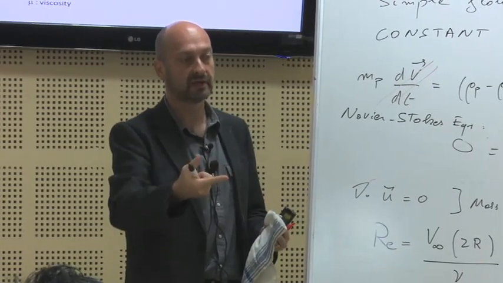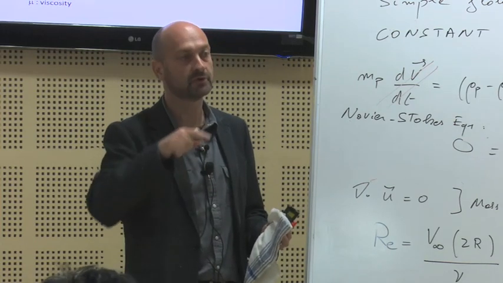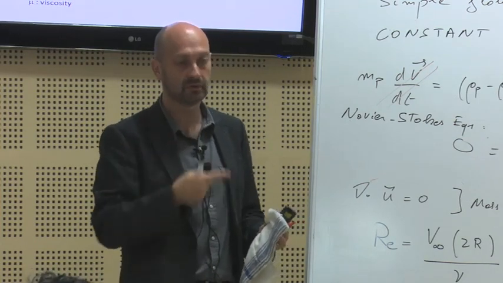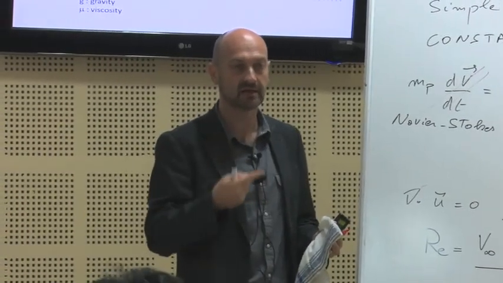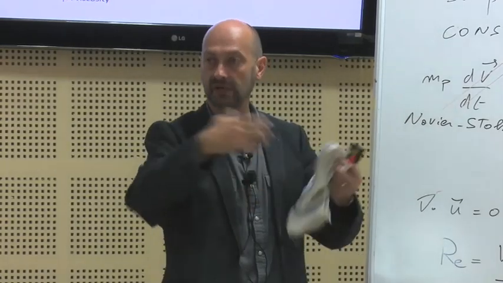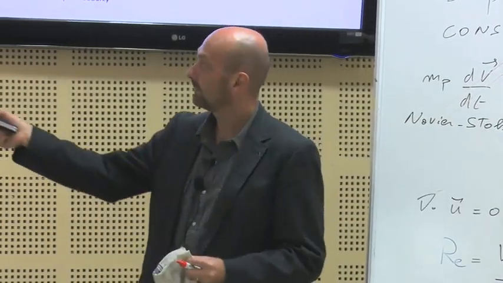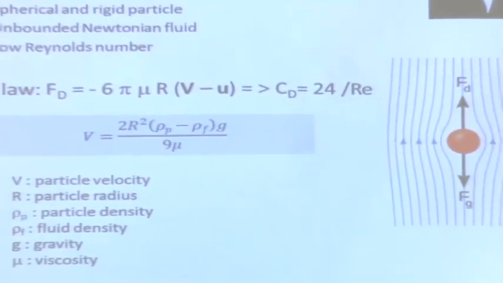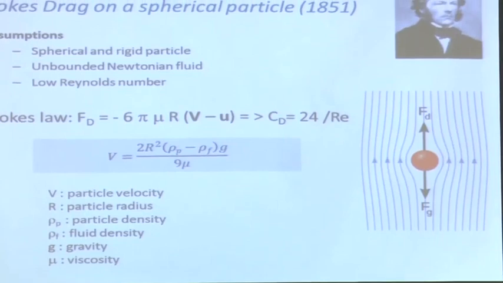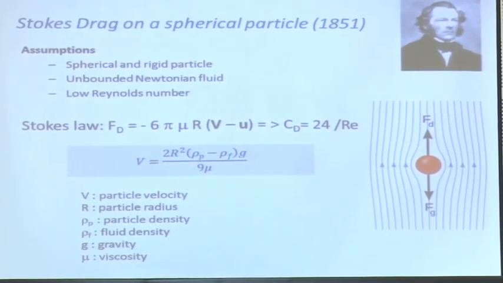Based on the pressure, he can extract the force acting on the particle due to the pressure, but also because he knew the velocity field analytically, he was able to integrate the viscous stress along the surface, and finally get the total force acting on the particle. And in this total force, you have actually two effects. One is pressure, and one is the drag due to the viscous effect. You have both, okay?